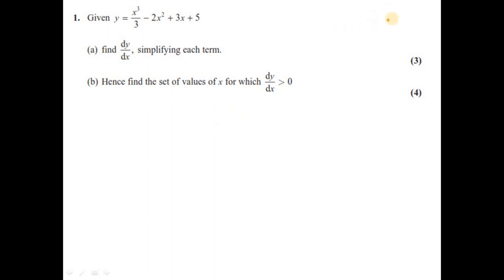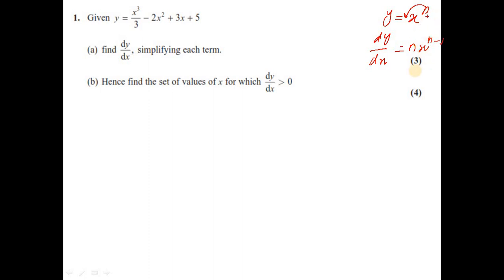If you have y equal to x to the power n, and you differentiate this, y becomes dy by dx, and according to the power rule, this n comes down and becomes the coefficient, and you reduce the power by 1.